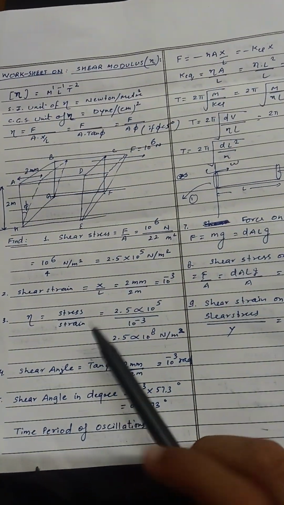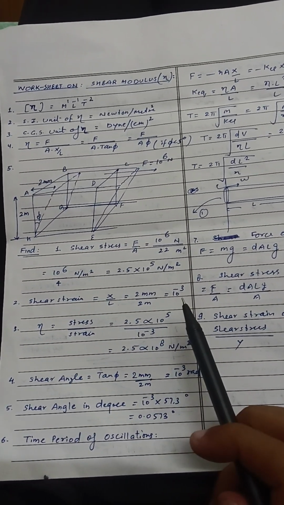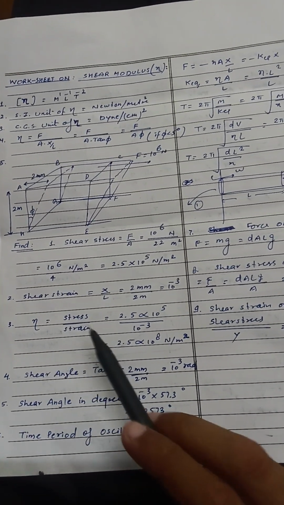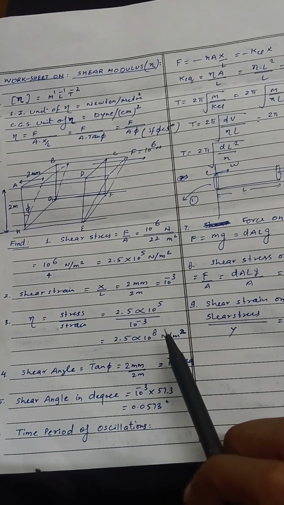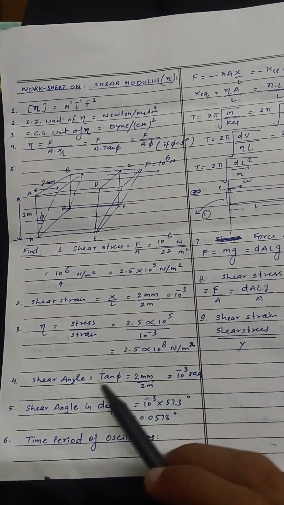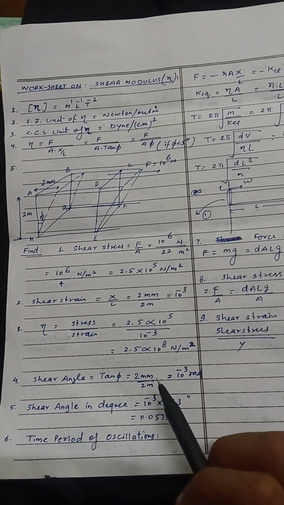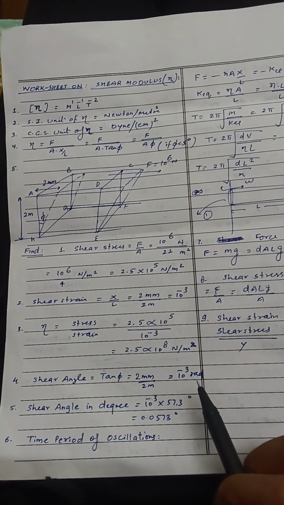Next is shear strain. It is x by L. On solving this, we get 10^-3. Next is eta. Eta is the ratio of stress and strain, which is 2.5 into 10^8 Newton per meter square. Next is shear angle, which is tan phi, which is 2 millimeter by 2 meter, which is 10^-3 radian.